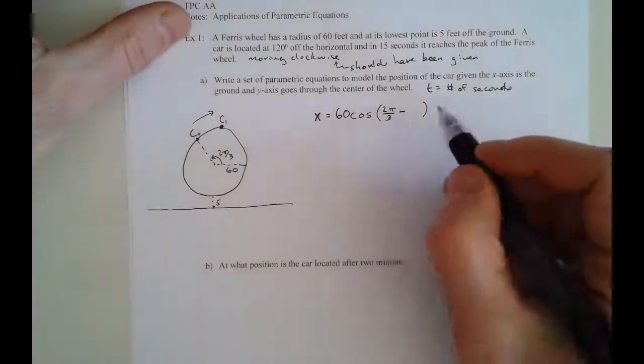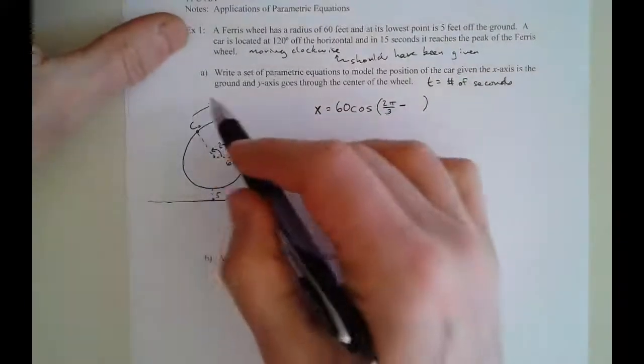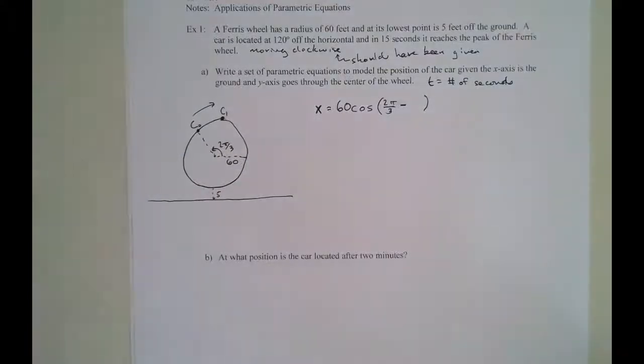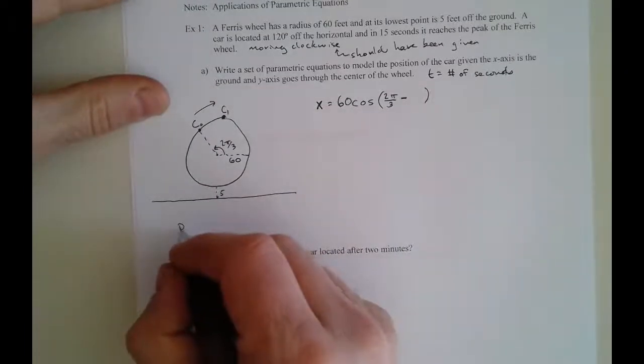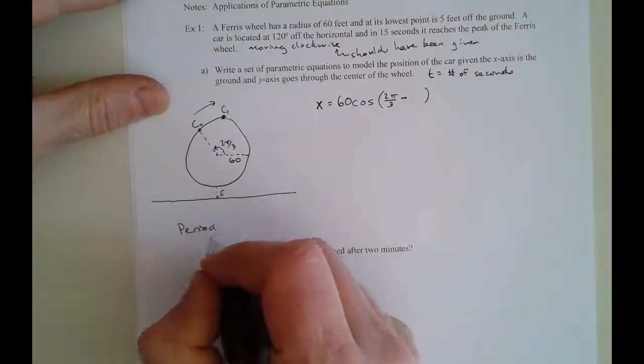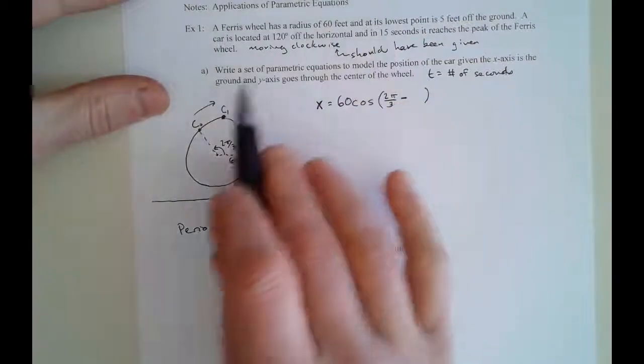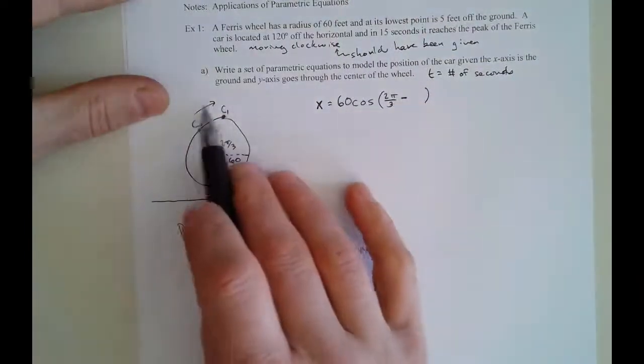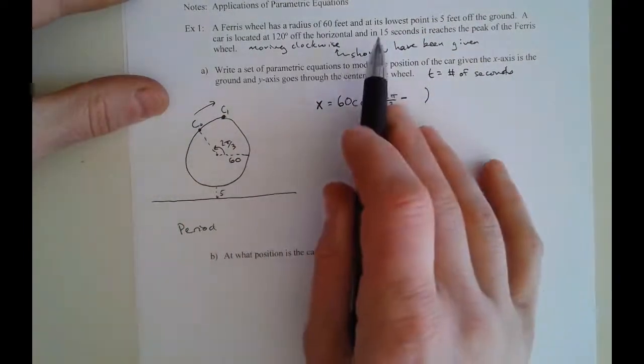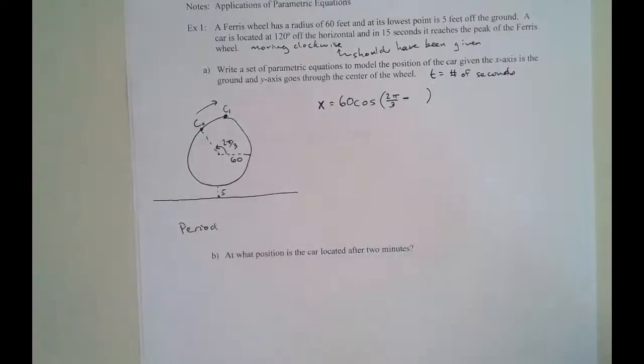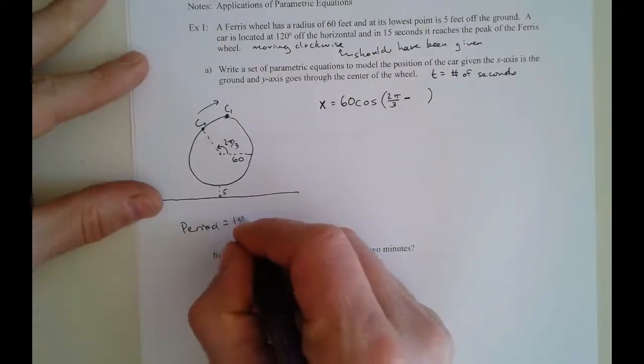So we think about how quickly it's moving, and we think about it in terms of time. The time is going to be 1 second, 3 seconds, 5 seconds, whatever. I just have to think about how long it's going to take for this one. If I'm going to think about my period, if it travels 30 degrees in 15 seconds, then for it to go 360 degrees, that's going to be 180 seconds.